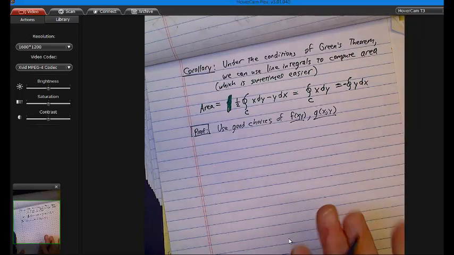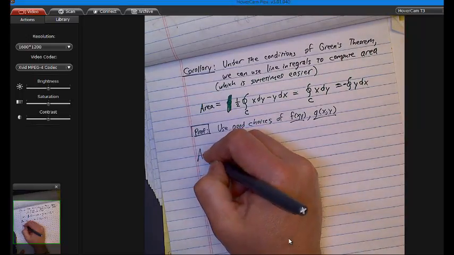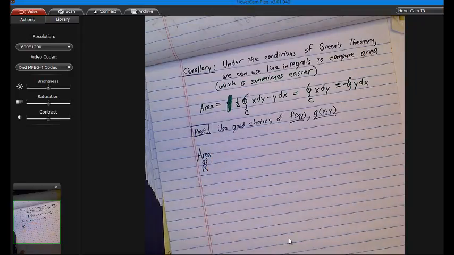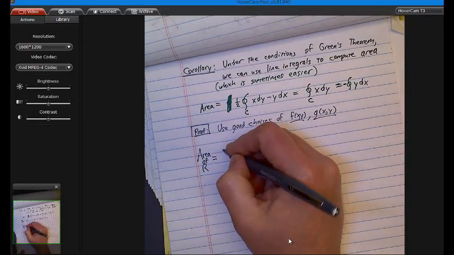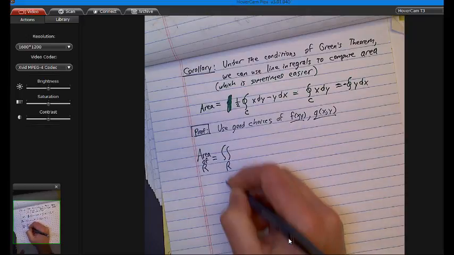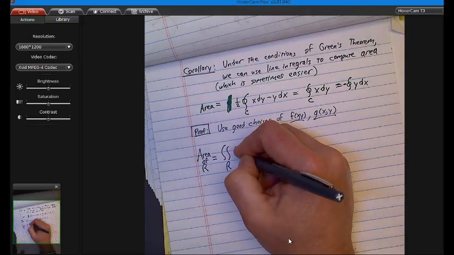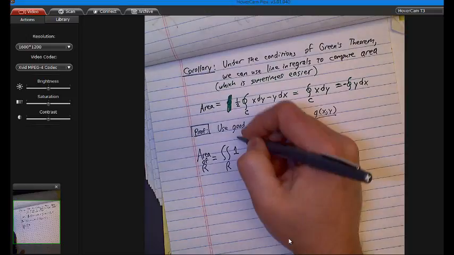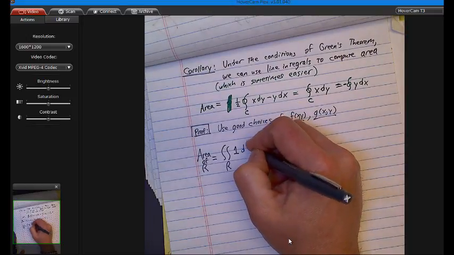How does this work? Area of my region R is equal to the double integral over R of 1 dA.